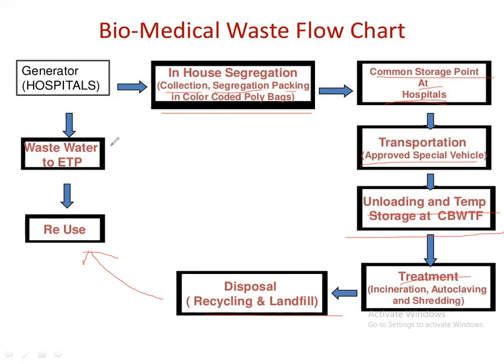From the generator again, wastewater goes to ETP. Then it is reused. Generated waste that is collected is separated, and it is recycled and reused. So this is a process of reuse and recycling.